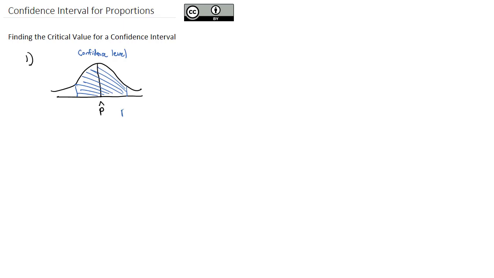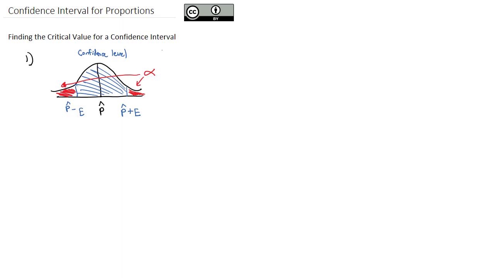In other words, we're going to have the proportion plus some error and the proportion minus some error. That's the net that we're trying to throw around the proportion. And what we're really interested in is the area in both tails. That area in both tails is often called alpha. Both of those together are called alpha.